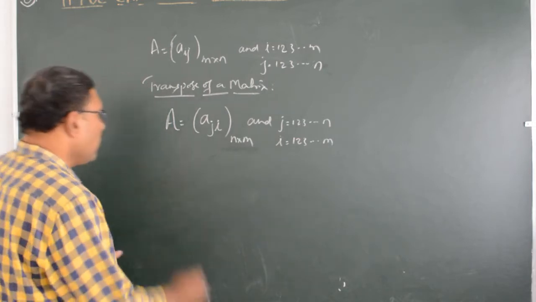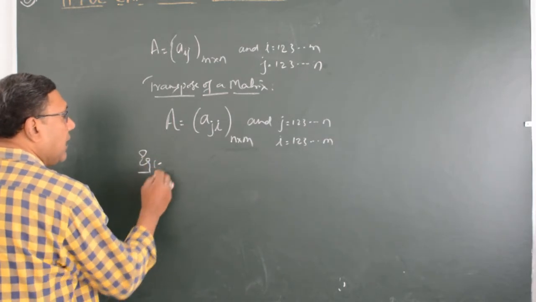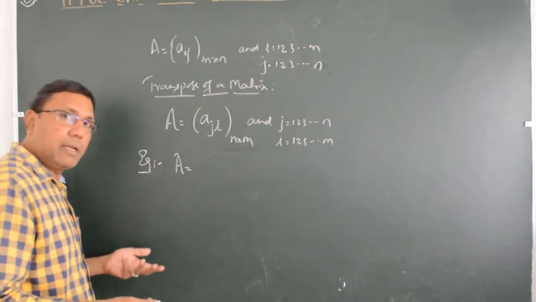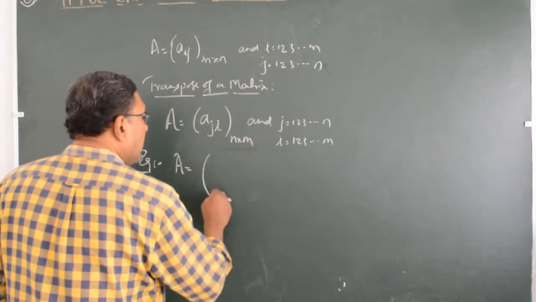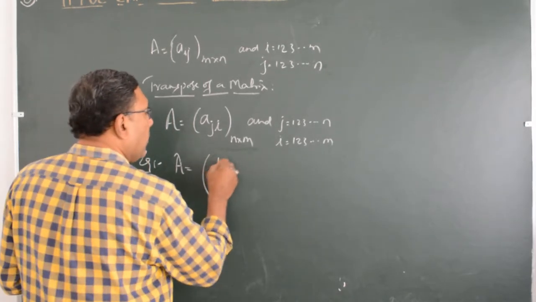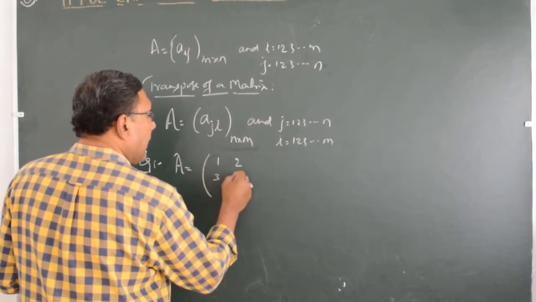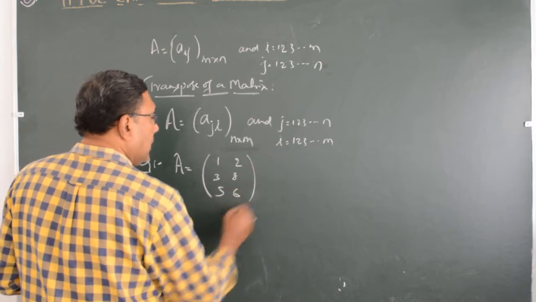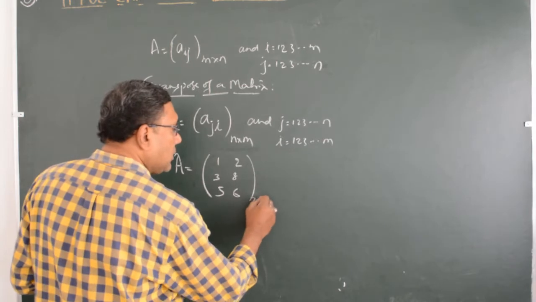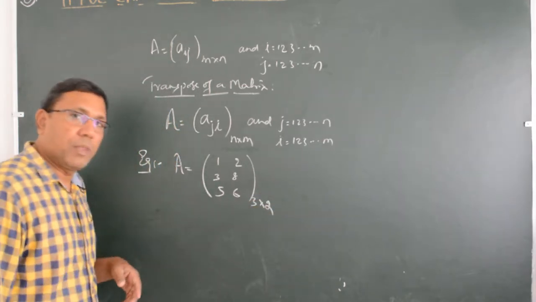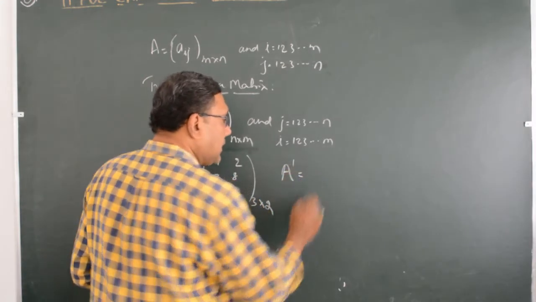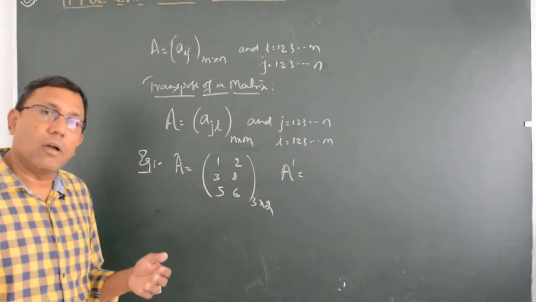For example, to make it easy to understand, I will take a matrix A of order 3 by 2, 3 rows and 2 columns, like 1, 2, 3, 8, 5, 6. Please note the matrix order is 3 rows and 2 columns. What do I get when I transpose this? I will interchange the rows and columns of the matrix.